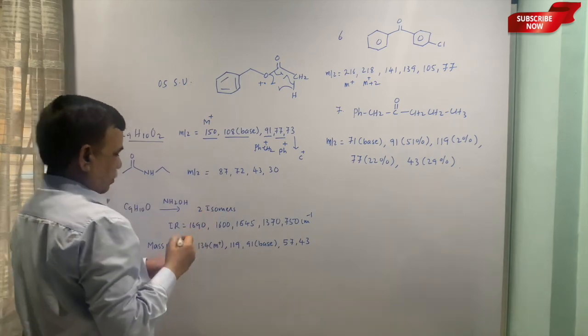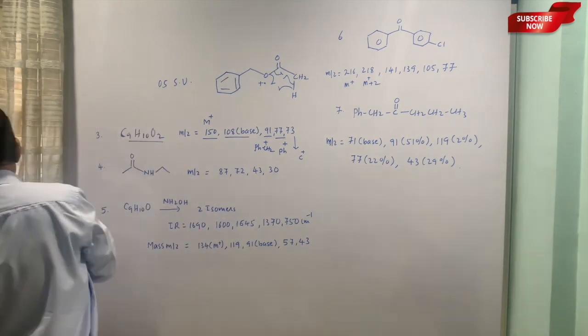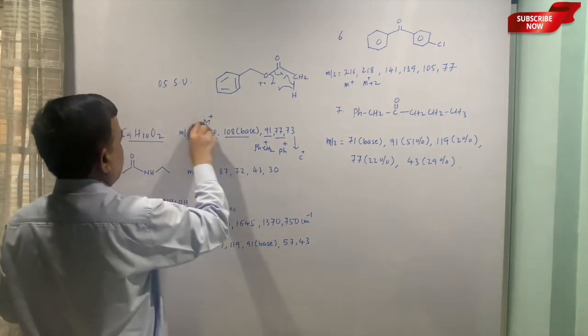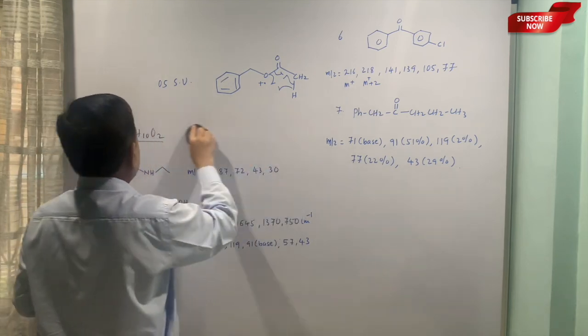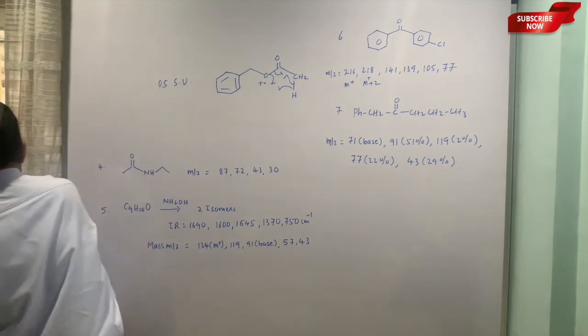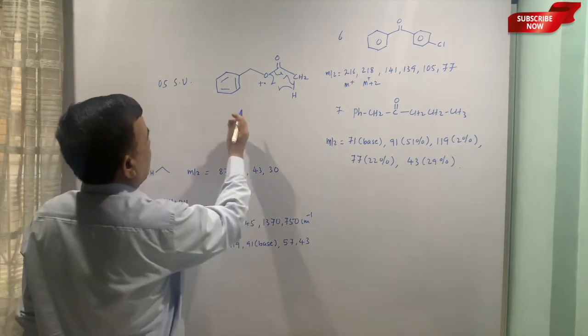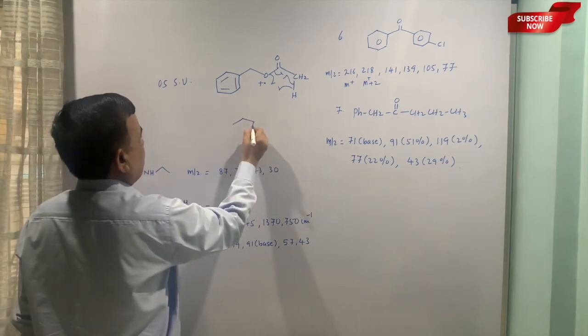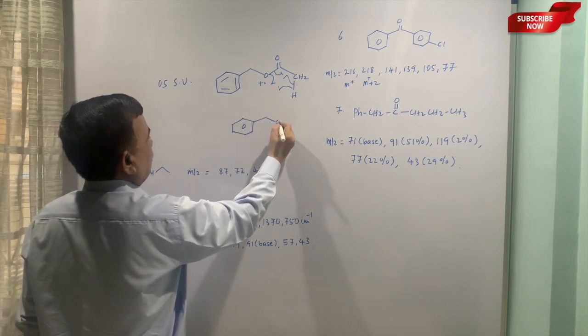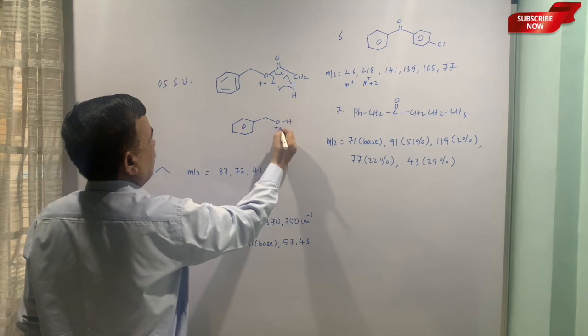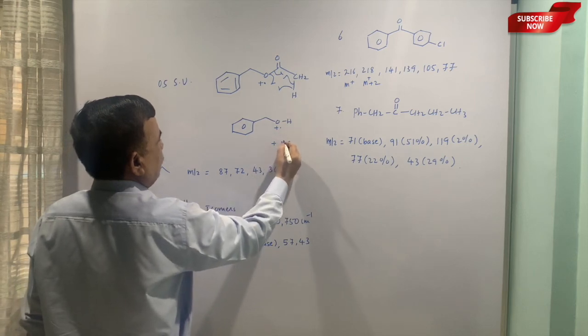Then let me clear this part. So, the resultant thing I will put OH, radical cation is intact, and what is going off?